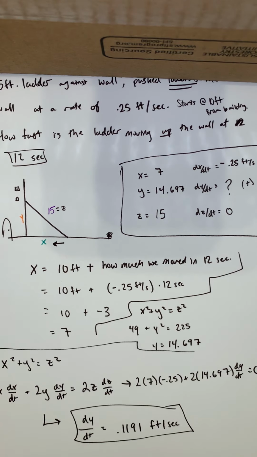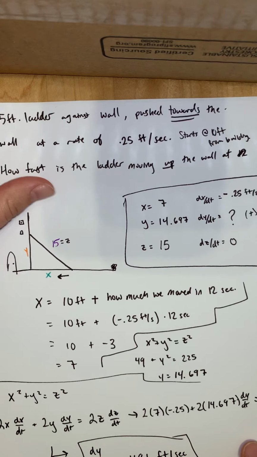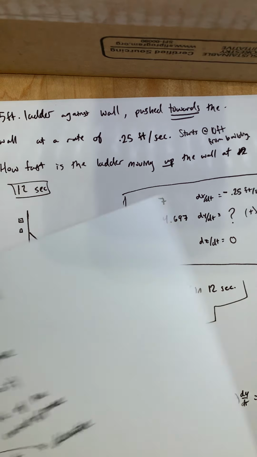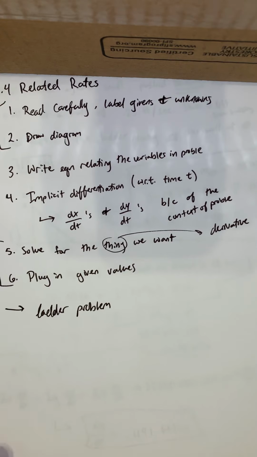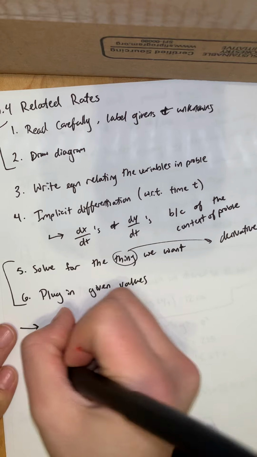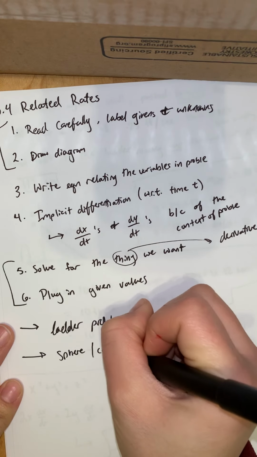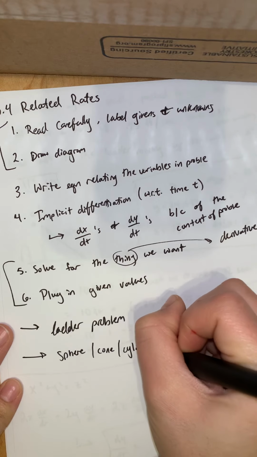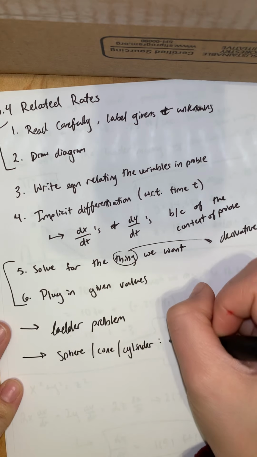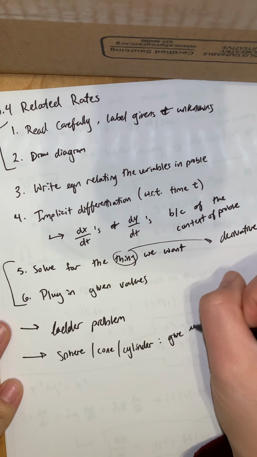And also if you look at finals and things like that, you'll see a problem like number 1, where we have things like a sphere. For anything that's like a sphere or a cone or a cylinder, if I asked you something about those, I would give you the equations.